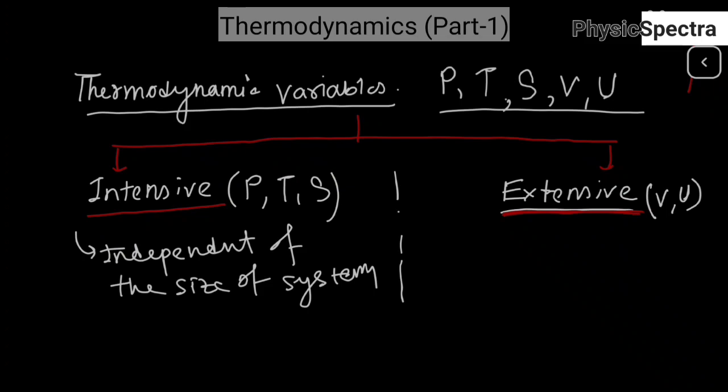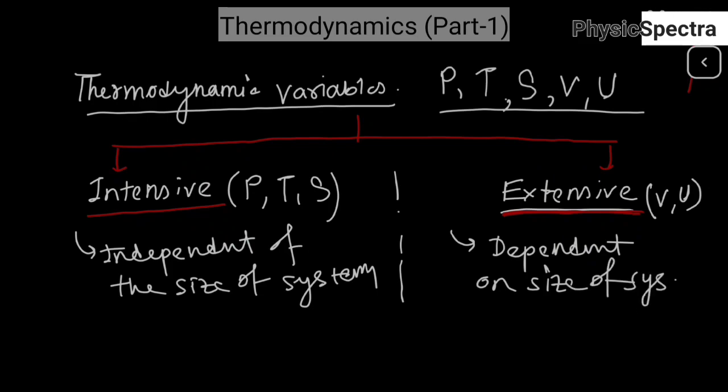But in case of extensive variables, we say that they are dependent on the size of the system. For example, if we take the same system and increase its size, you will see that the volume of the system is also increased. If we halve the size of the system, the volume also gets halved.